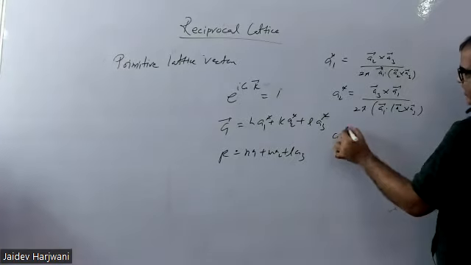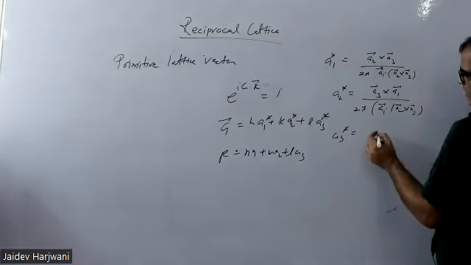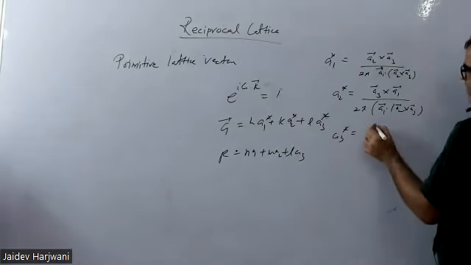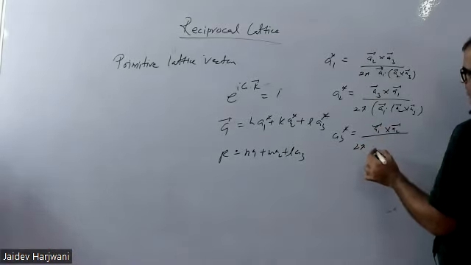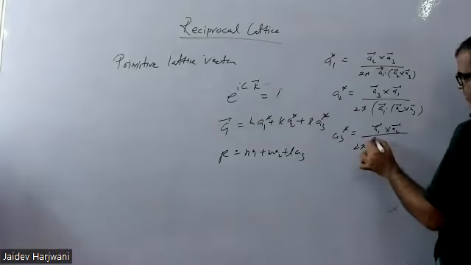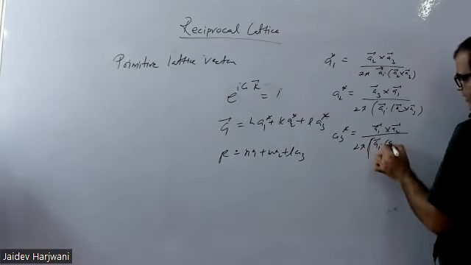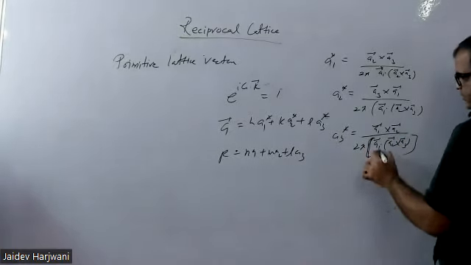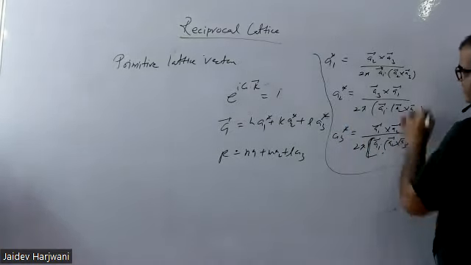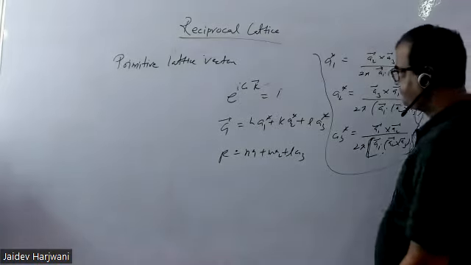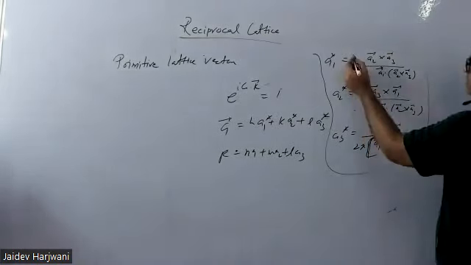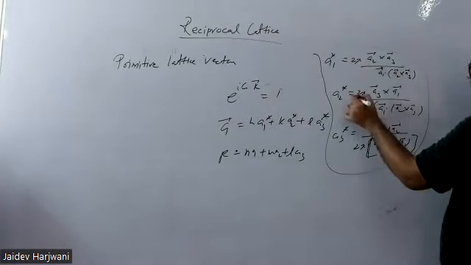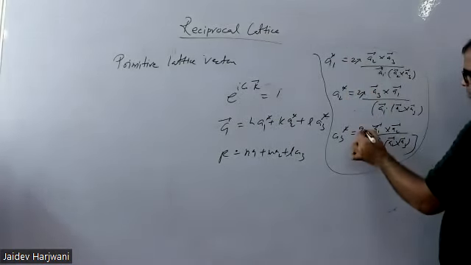And similarly, a3* will be 2π (a1 × a2) divided by the volume, a1 · a2 × a3. These will be your reciprocal lattice vectors. So 2π will be in the numerator, very good.